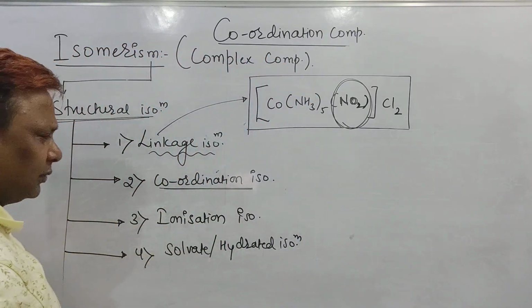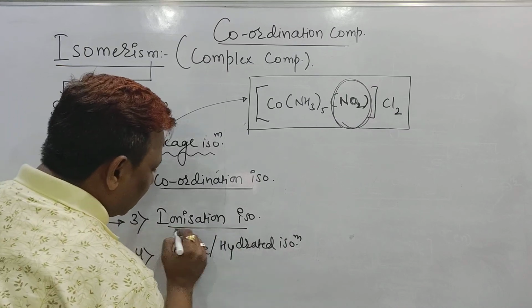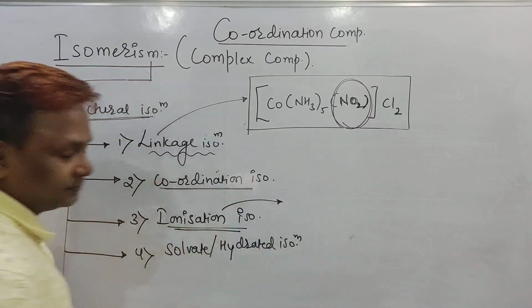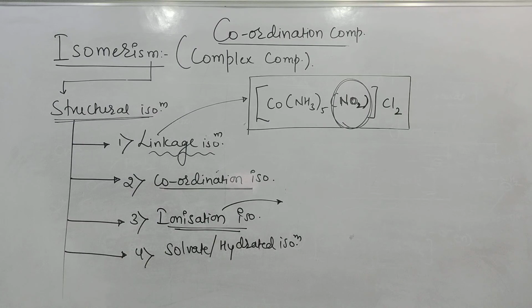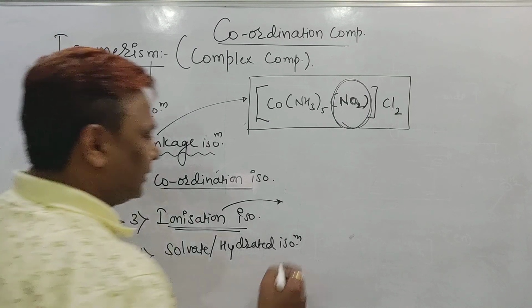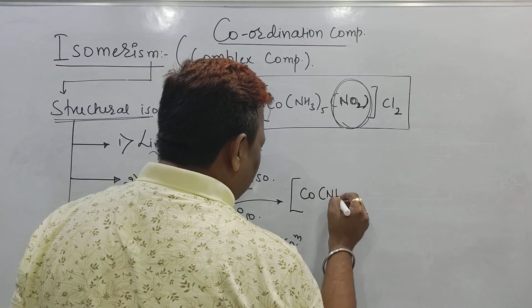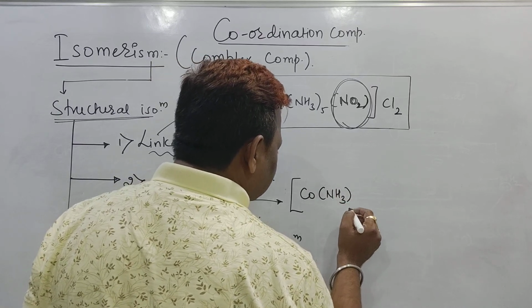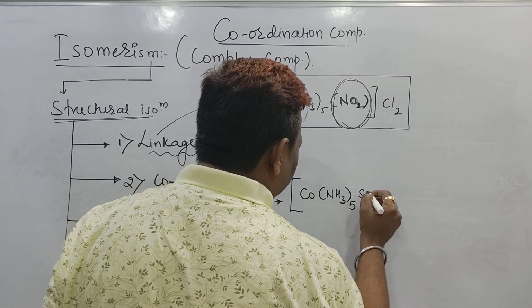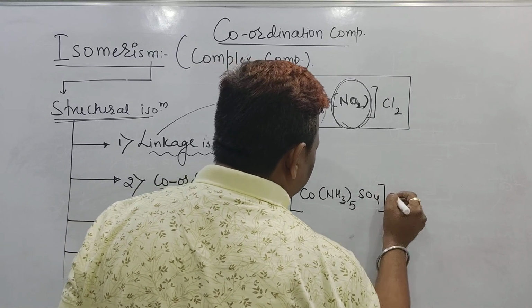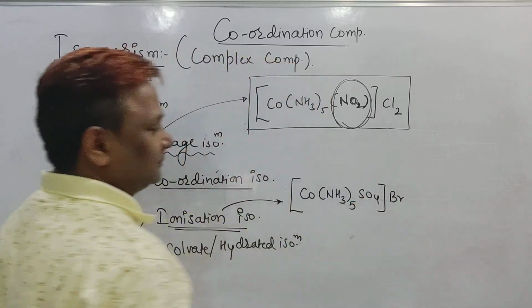I will go with an example of ionization isomerism. For ionization isomerism, we should have a central atom cobalt, with ammonia 5 times, then sulfate, and then bromide ion.